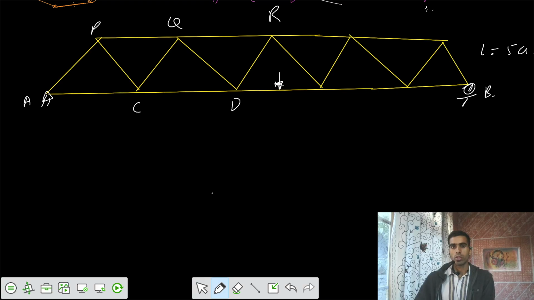That means, what are the loading joints? So these are the loading joints, A, C, D. These are the loading joints we have.